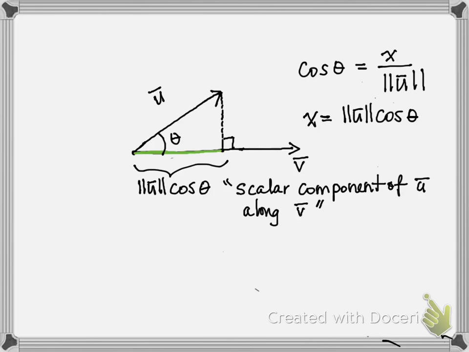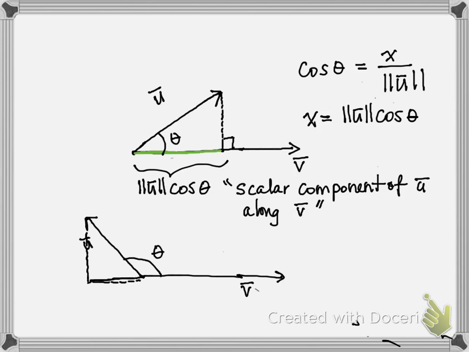And by the way, this all would work just as well if that angle were obtuse. I'll draw that type of a setup. It's the same idea. Now theta is obtuse, so down here is my v, up here is my u. If I did the same deal, this time the green part is here.